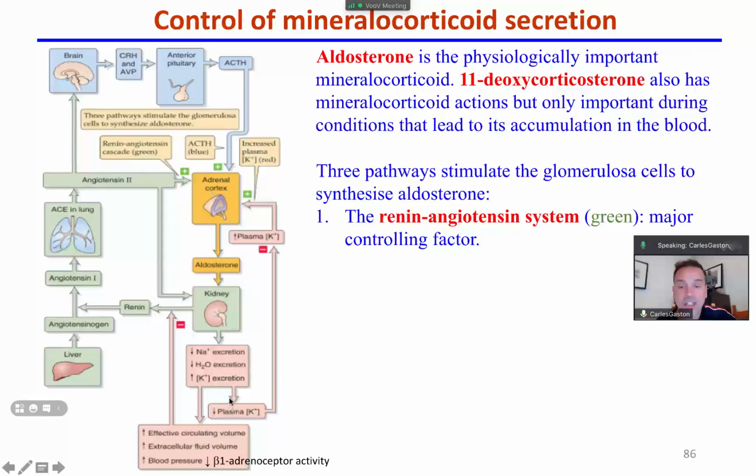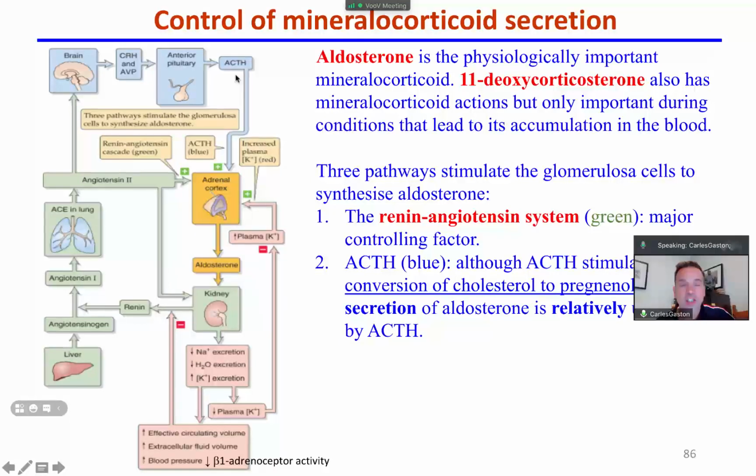So that would lead to less potassium in plasma, okay? And then at the same time, these changes would have an effect on circulating volume, extracellular fluid volume, and blood pressure, which will also signal and affect the renin-angiotensin system.